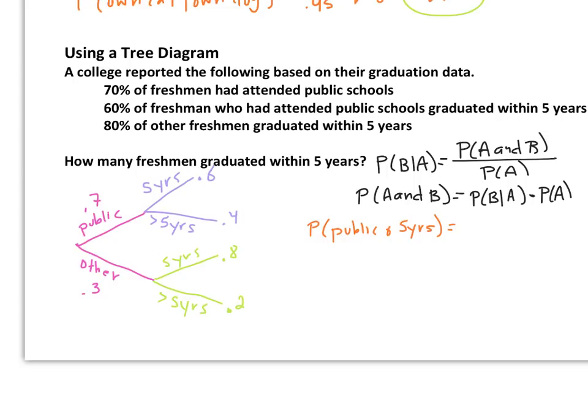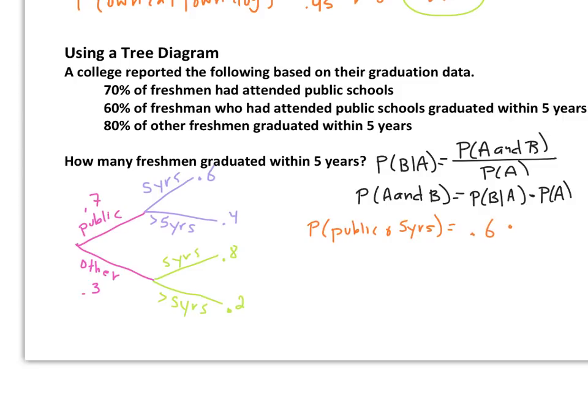So if we come back over here to our tree, well, given they went to public school, so that means I'm coming off of this branch. Given they went to public school, what's the probability they graduated within 5 years? Well, 0.6. So this piece here is 0.6.